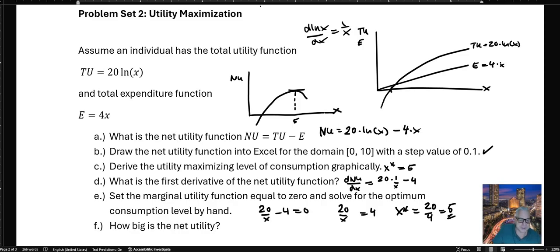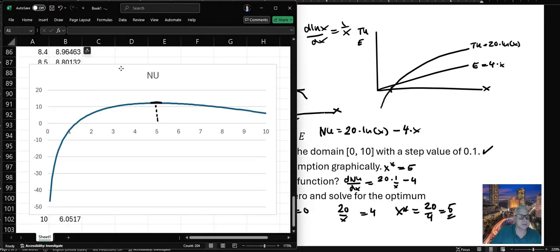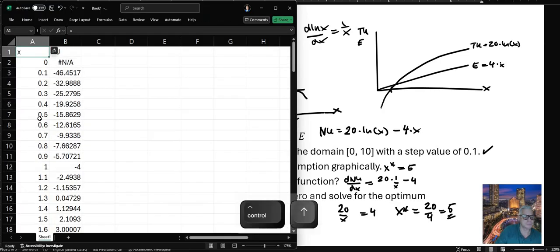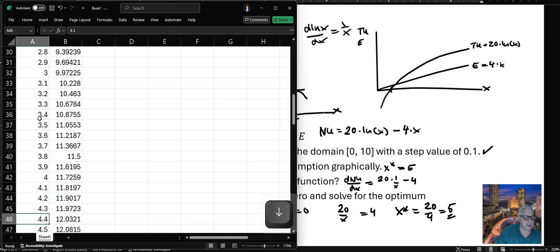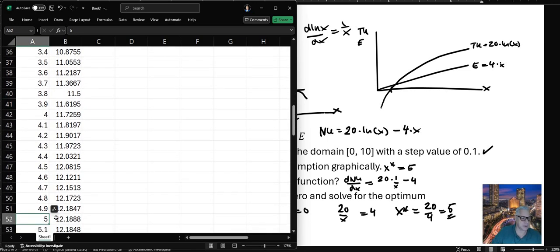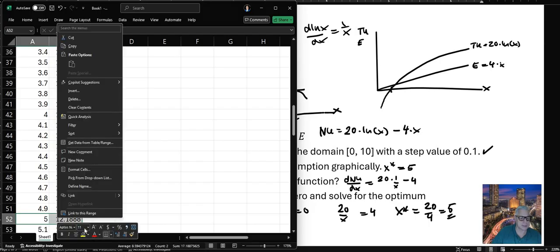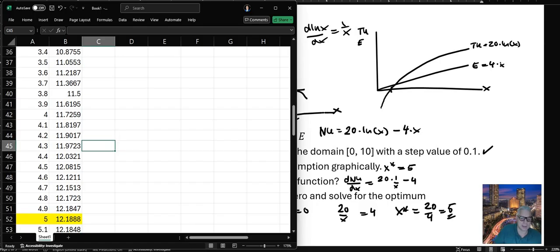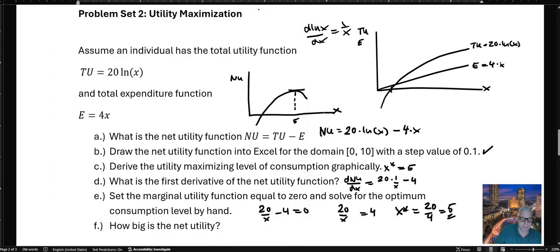How big is the net utility? We can look that up again in our Excel sheet. We go to the optimum level, search for 5, and here it is. The net utility is around 12.189 or so. 12.19 is good enough.